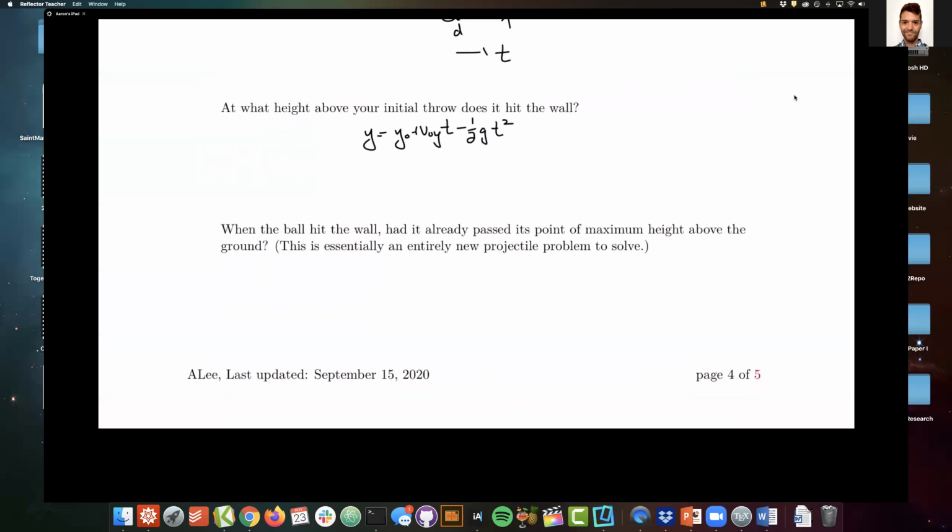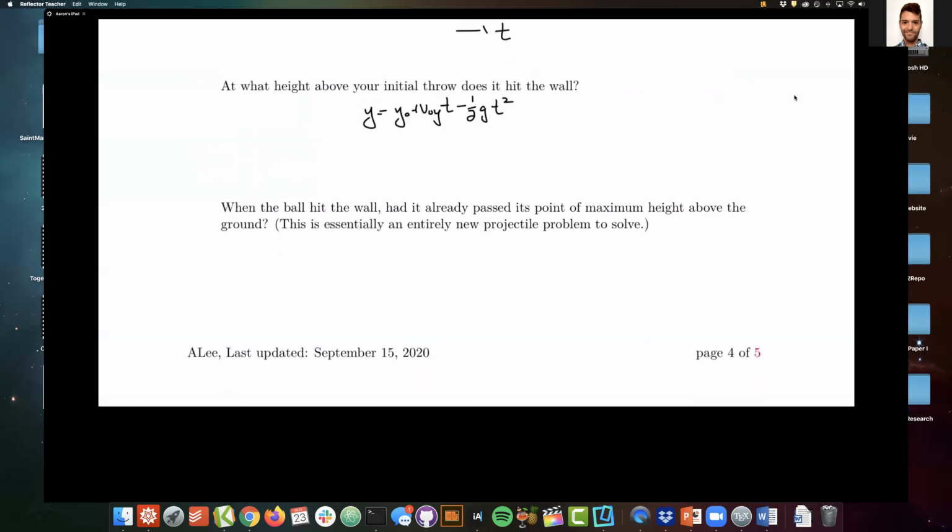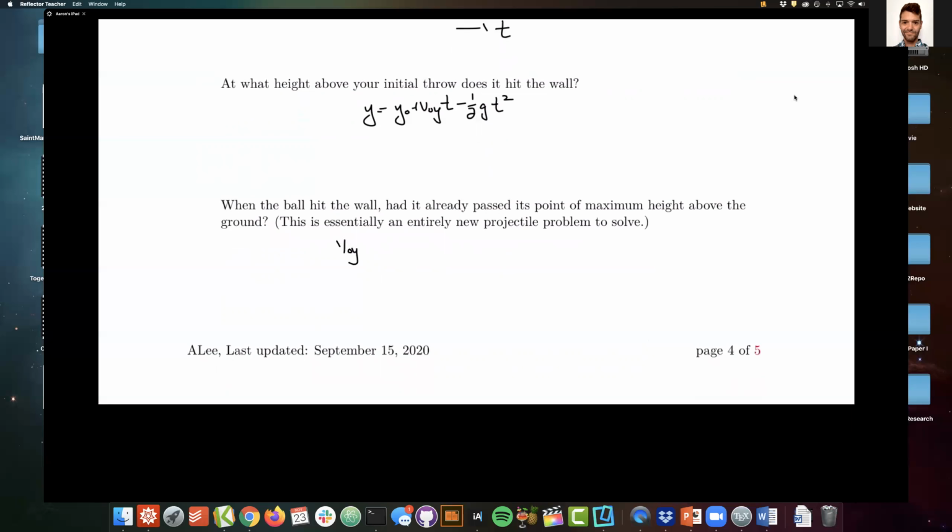Has it passed its point of maximum height? You don't actually have to do an entirely new projectile problem. You could remember that v in the y direction is given by v naught in the y direction minus g t. You could plug in the t you got from two problems ago. If this entire thing is positive, that means it's still going up.